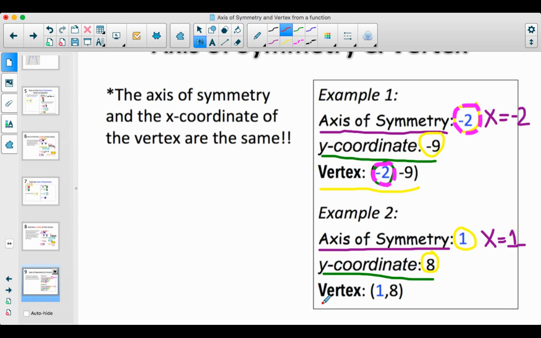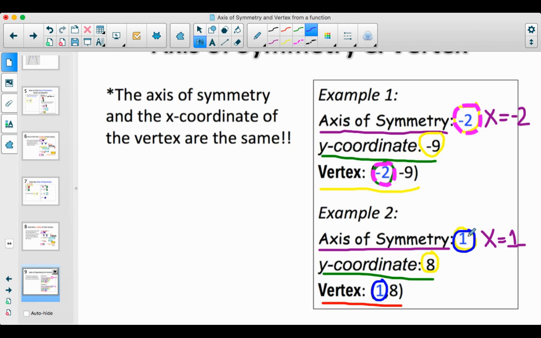And our vertex was 1, 8. Again, if you notice, our axis of symmetry was 1, and our vertex, the x-coordinate of the vertex is 1. They're the same. So these should be the same.